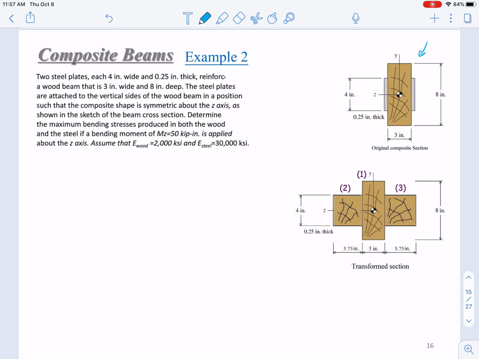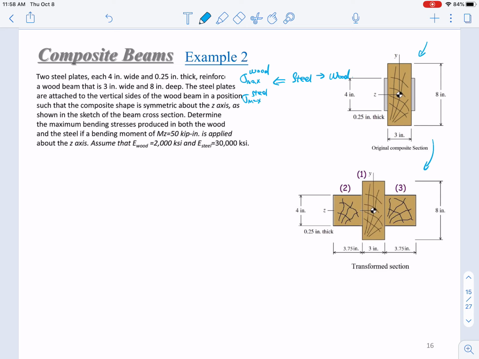We're requested to calculate the maximum stress in wood and the maximum stress in steel. To calculate that, we need to make a choice, and our choice here is to convert steel into wood.